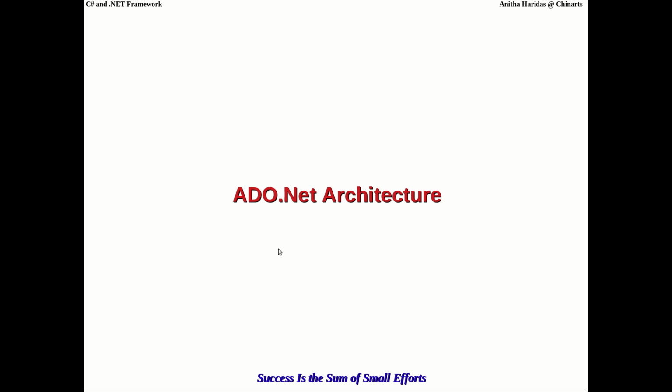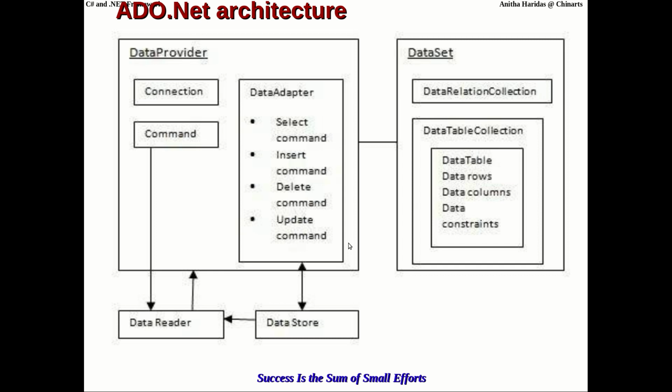Now the next question is, if I have such an application programming interface, what kind of architecture is followed by ADO.NET? So if you see the architecture, this is the ADO.NET architecture. You can see here there will be a data provider in the ADO.NET architecture.